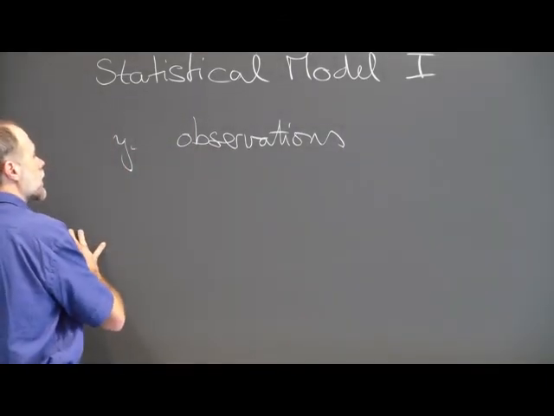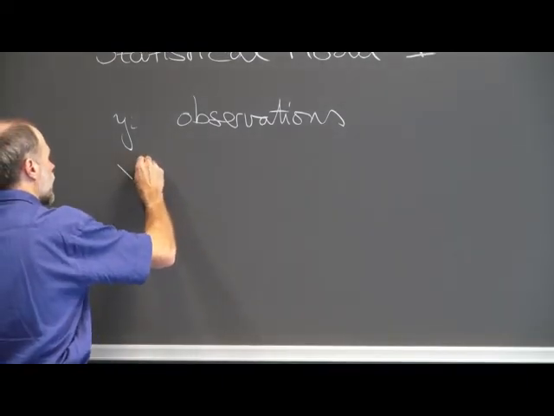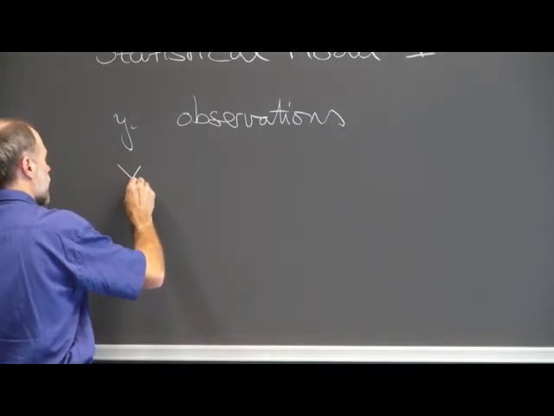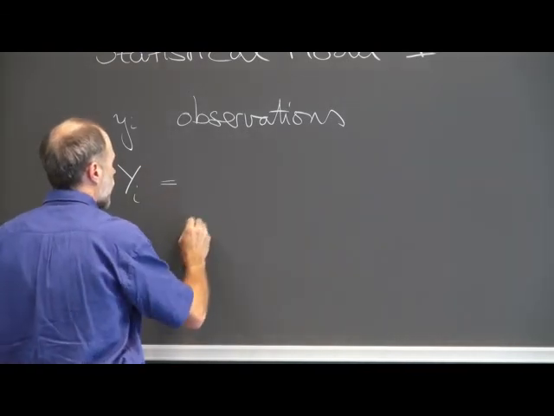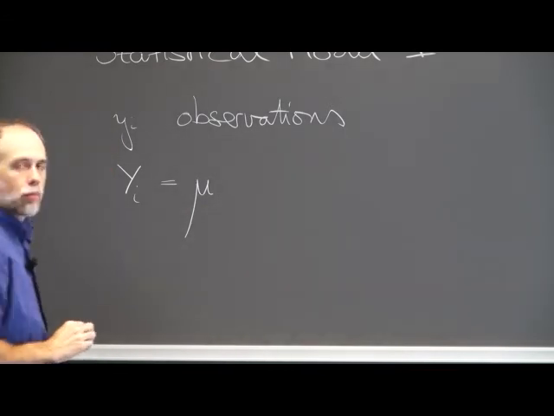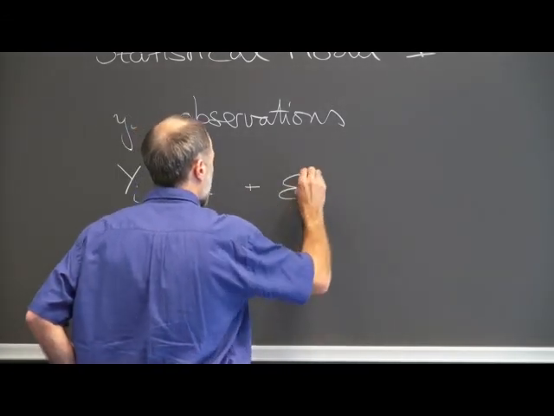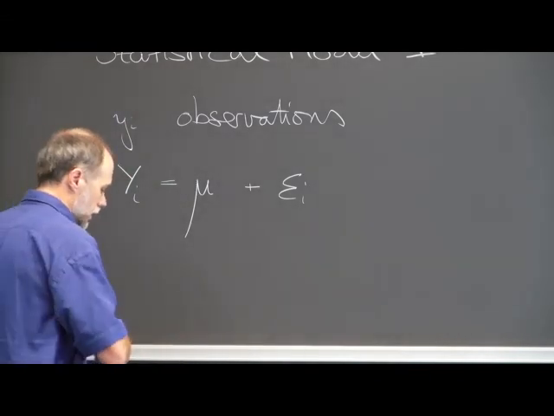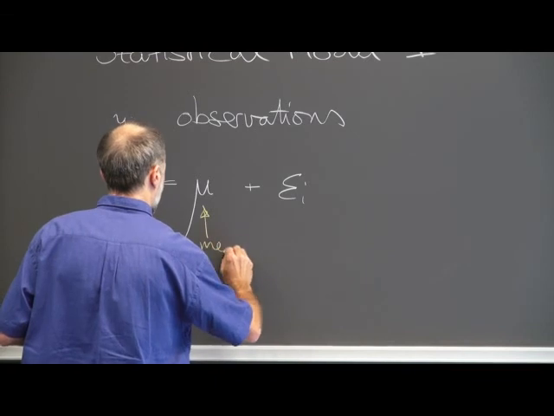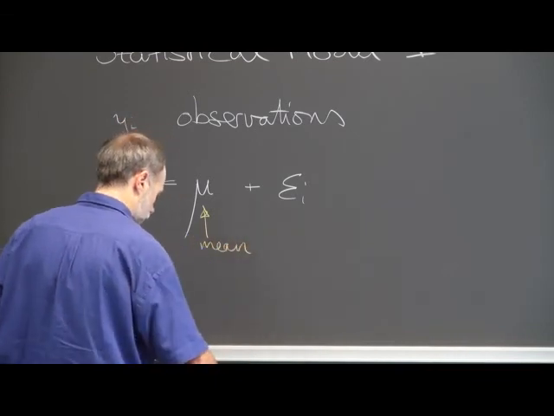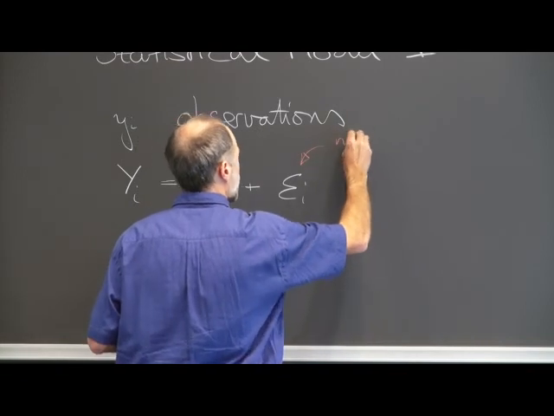And probably one of the simplest models is to write those observations as random variables driven by some mean mu and noise epsilon i. So here we would have the mean, and here we would have noise or measurement error.